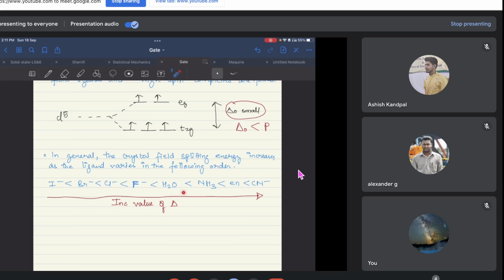In comparison to H2O, I am making you note the order of H2O and CN⁻, because we have to solve the question in which we have these two ligands in complexes with the same oxidation state.